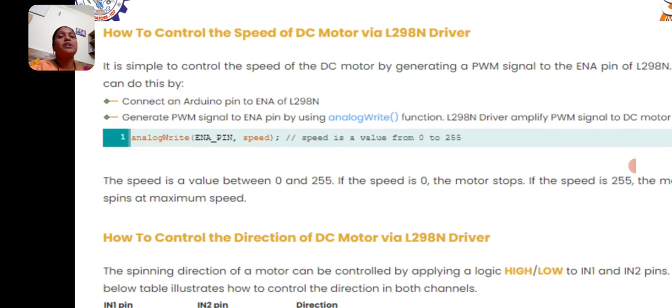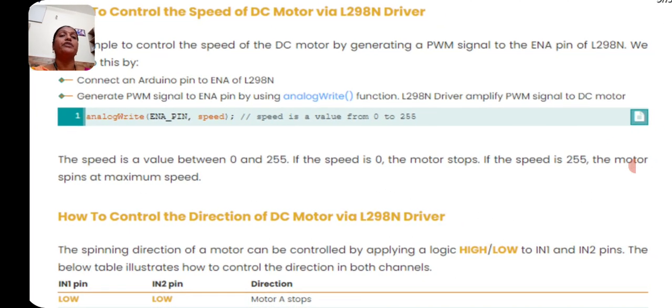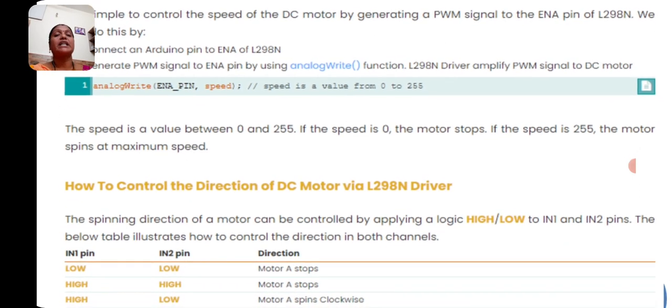It can generate the PWM signal to the ENA pin using the analogWrite function: analogWrite(ENA_pin, speed), where speed is a value from 0 to 255. If the speed is 0, the motor stops. If the speed is 255, the motor spins at maximum.